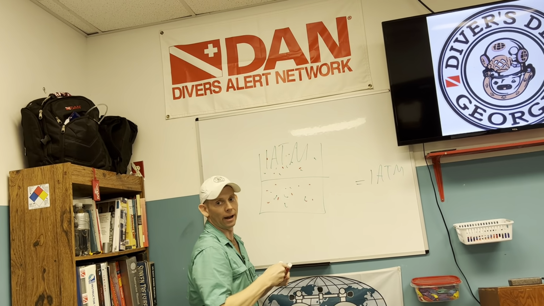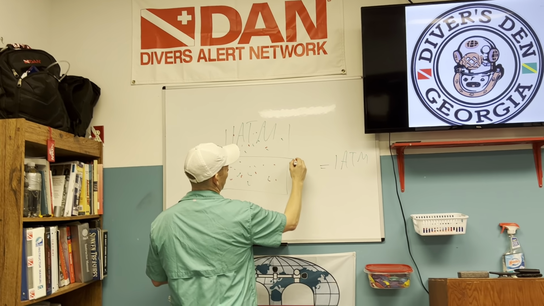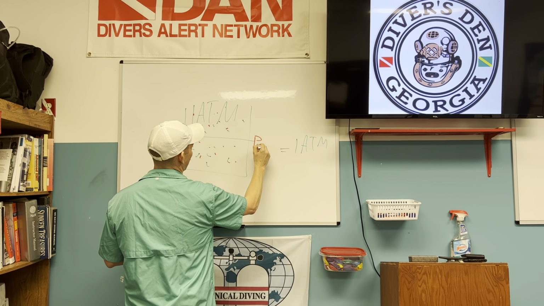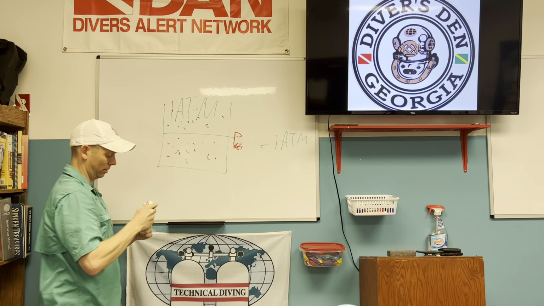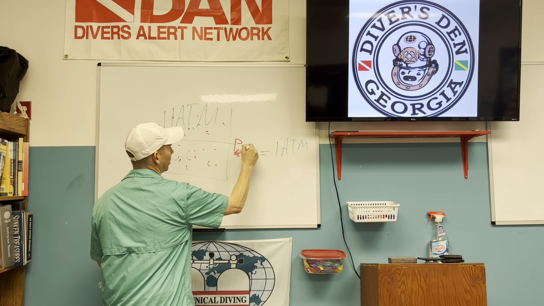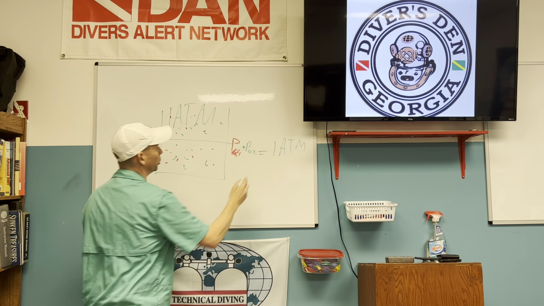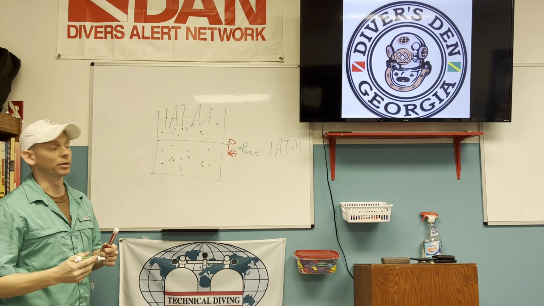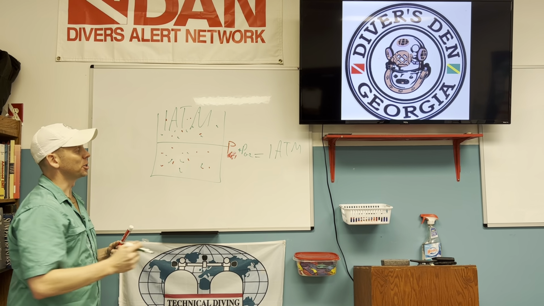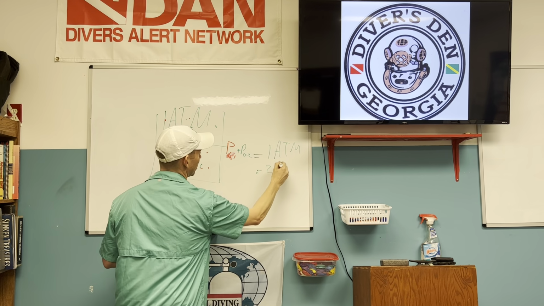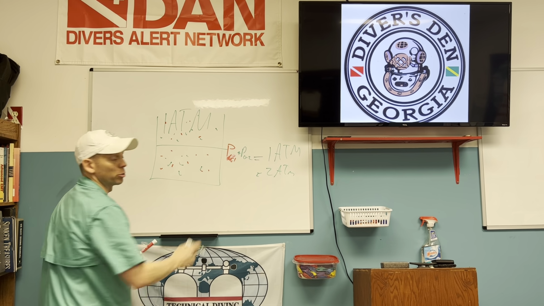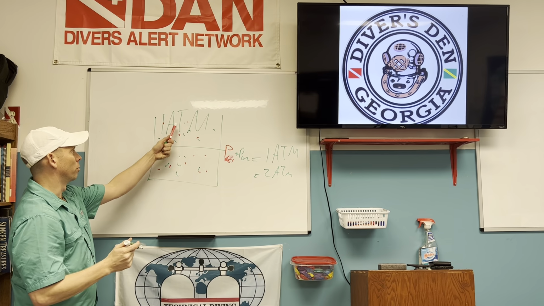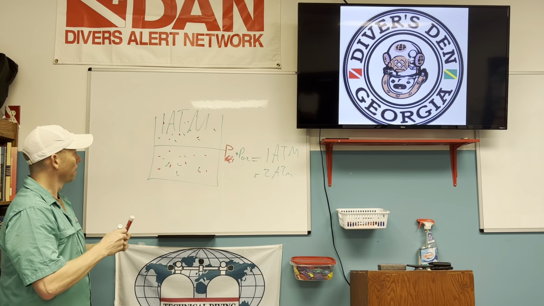So the pressure of gas 1 plus the pressure of gas 2 equals 1 atmosphere, because up here is 1 atmosphere. So if I go down to 2 atmospheres, it wouldn't matter. Gas 1 plus gas 2 would still add up to 2 atmospheres.